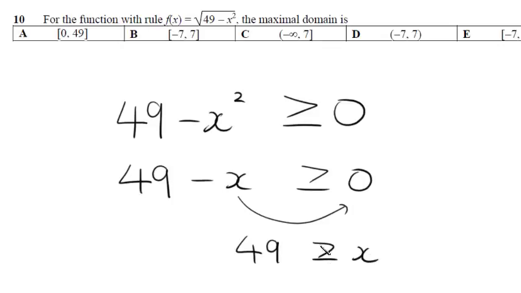On a number line, that's 49, and anything less than or equal to 49 is fine. So our domain is like this. We can also represent it from negative infinity up to 49, the highest. So that should be our domain for this one.